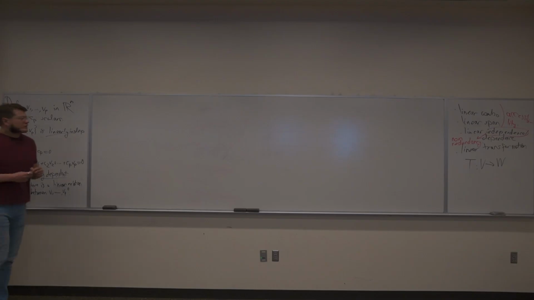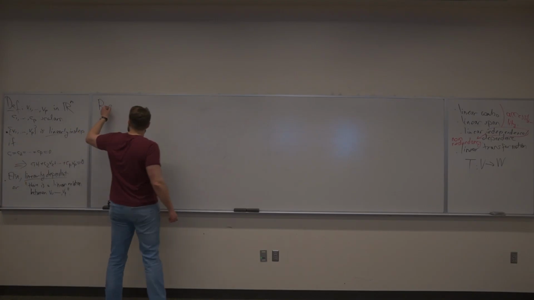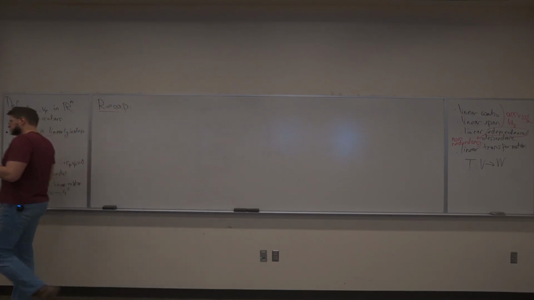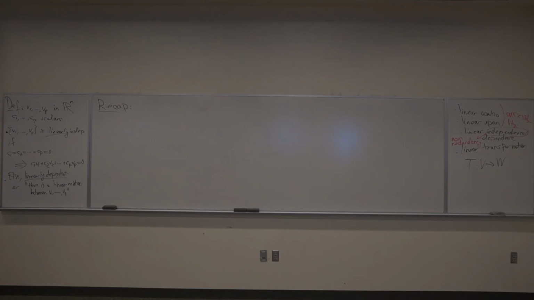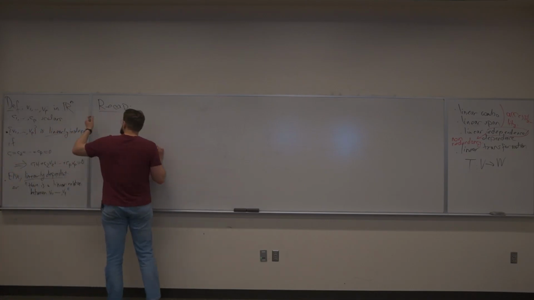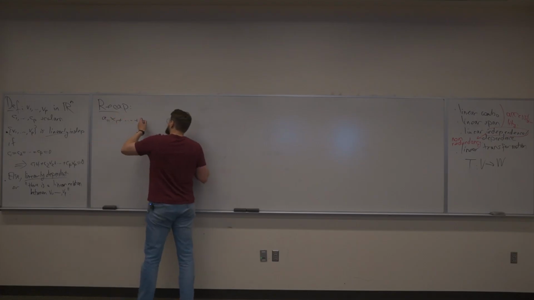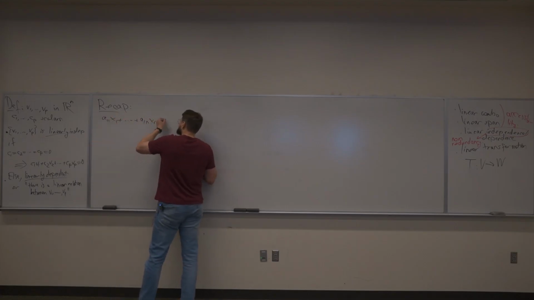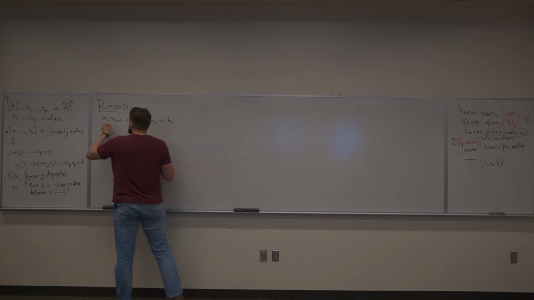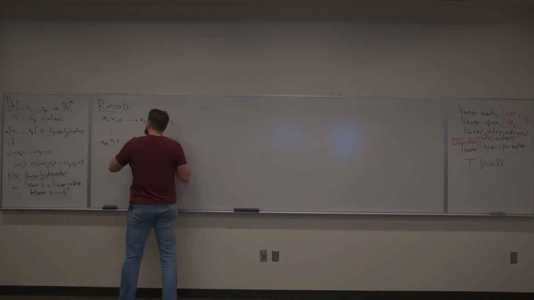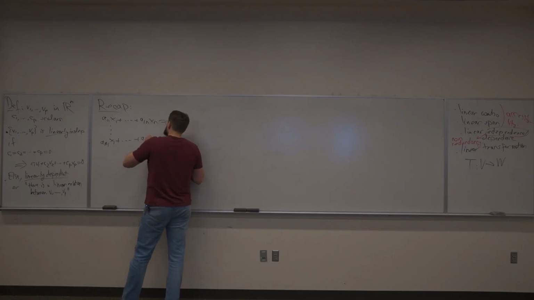So here's the recap, okay? This is just this abstract stuff. I'm just going to focus on how we write things. We started with this system notation. We said, oh, we have a11x1 plus dot dot dot plus a1n xn equals b1. And then we had am1x1 plus dot dot dot plus amn xn equals bm.